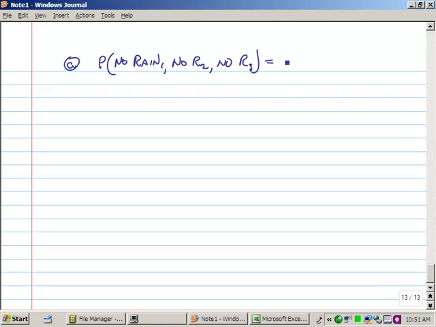Probability of no rain on any one day is 0.7, right? 70%. Since they're independent, it's 0.7 times 0.7 times 0.7. Alright, and that's, if you're working it out, 0.343, 34.3%.